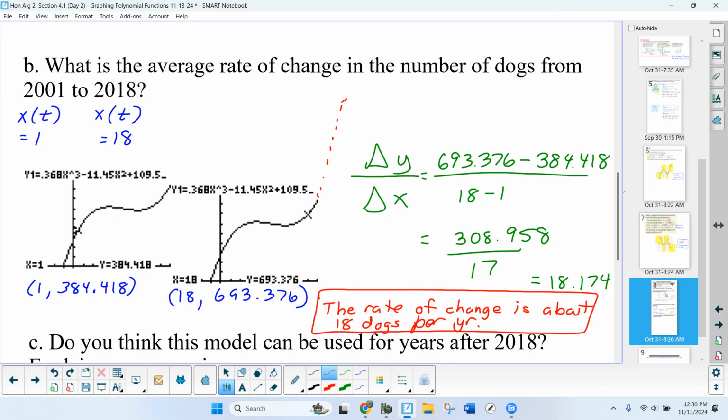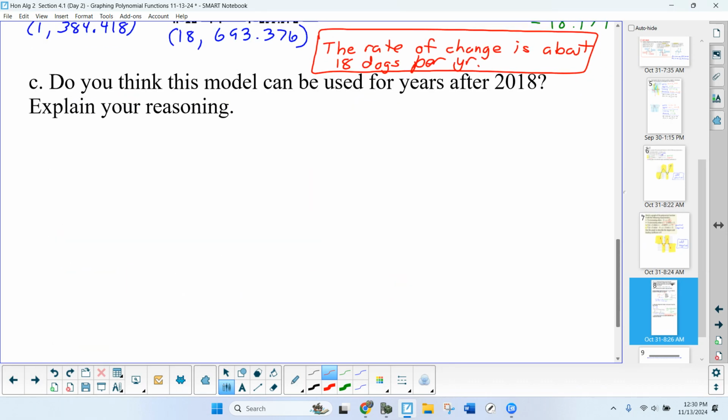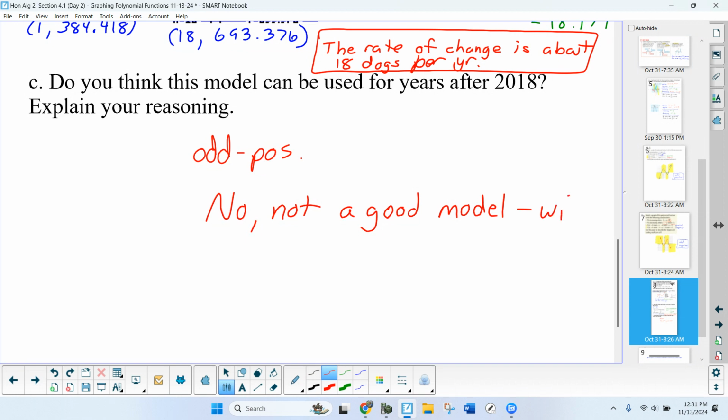No. At some point, they would probably level off or decay, either way. So since it's odd and positive, I would say no, not a good model. It will not continue or will not grow forever.